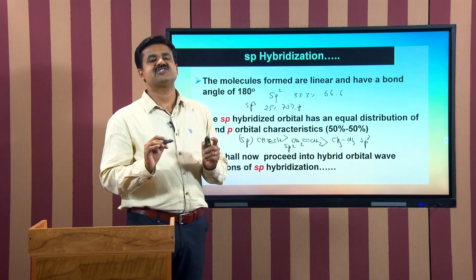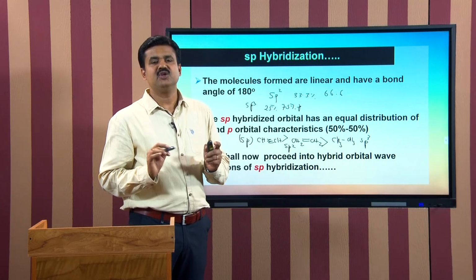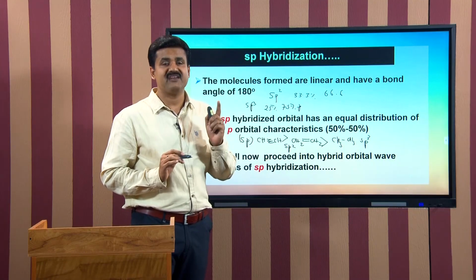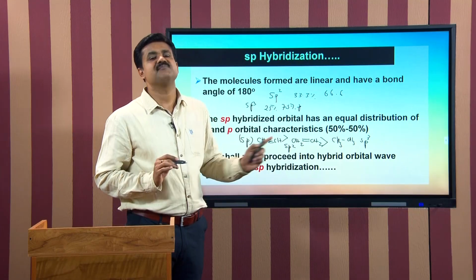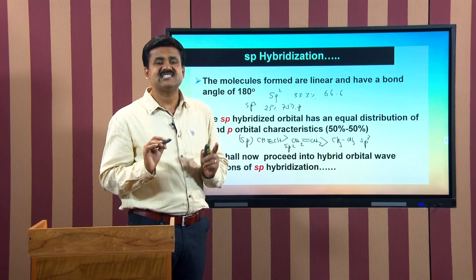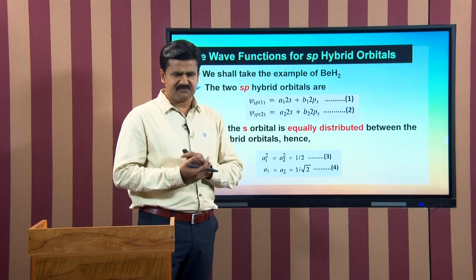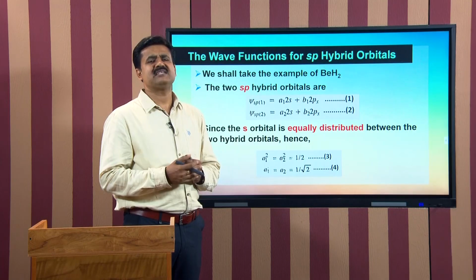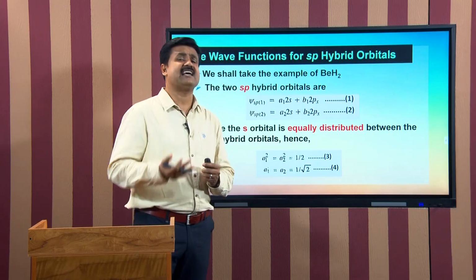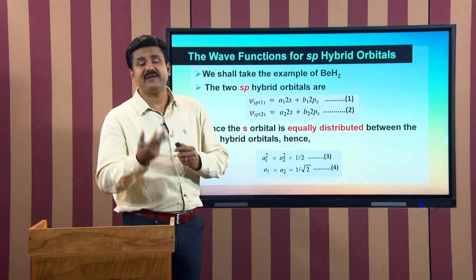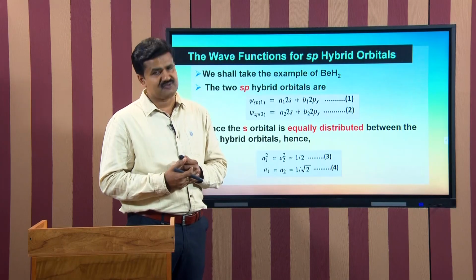Now, we shall proceed into hybrid orbital wave functions of this simple hybridization, that is sp hybridization. The wave functions for sp hybrid orbitals. I already mentioned the fact that the hybrid orbital wave function can be represented as a linear combination of atomic orbital wave functions.